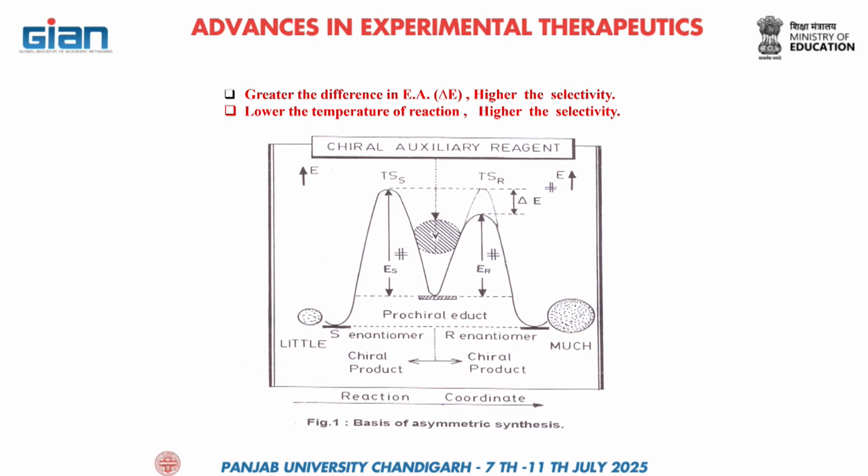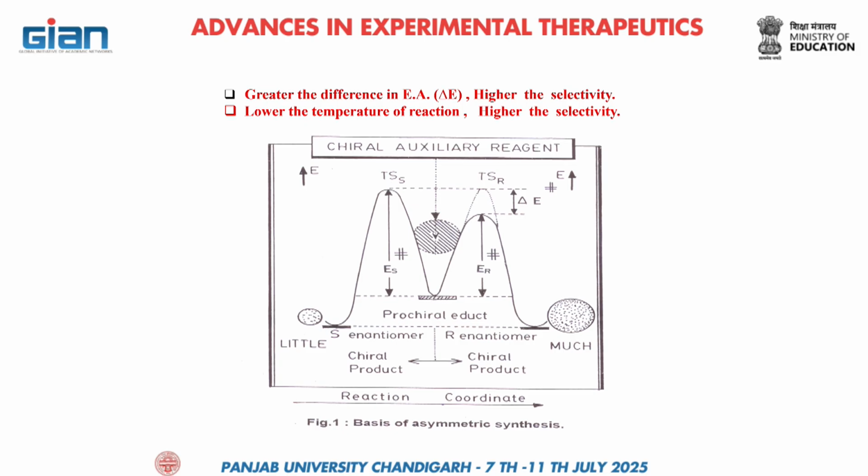तो आपने क्या देखा उस molecule में? Although CH3 has 3 hydrogens which have the same environment, CH2 has 2 hydrogens which have the same environment, OH has 1 hydrogen which has a different environment. So the question is what has to be done to get enantiomer selectivity?